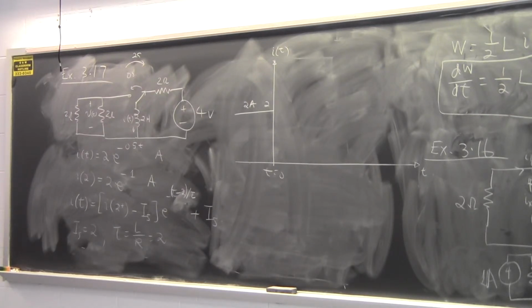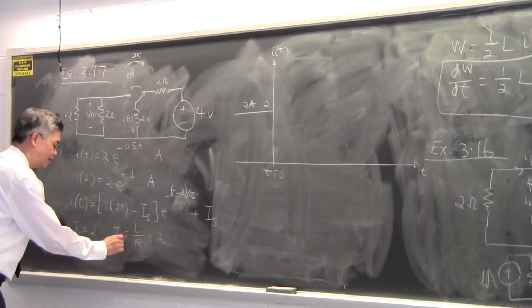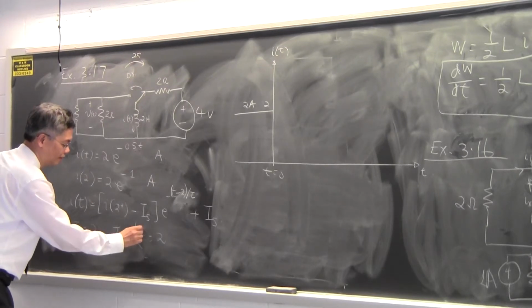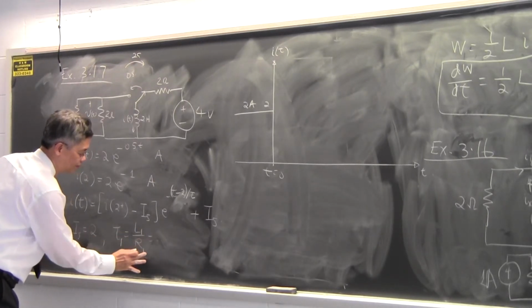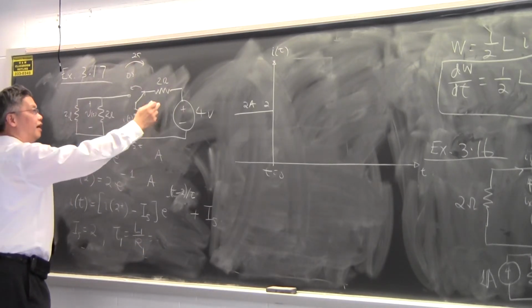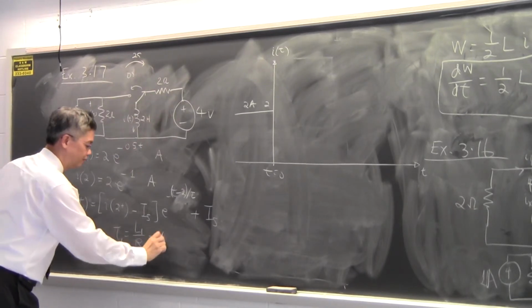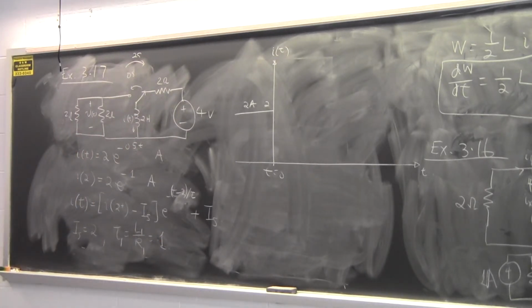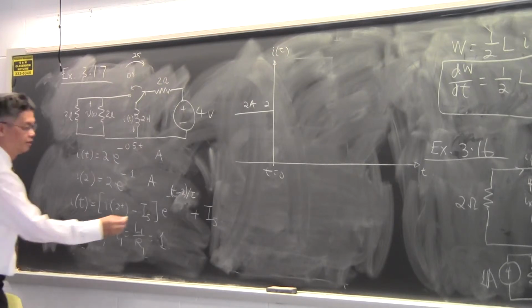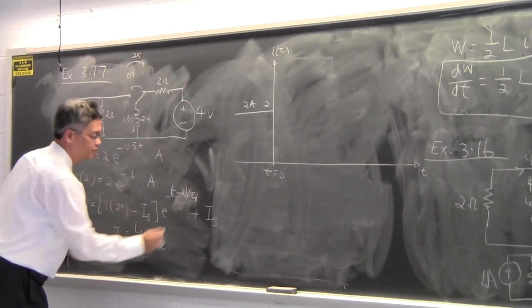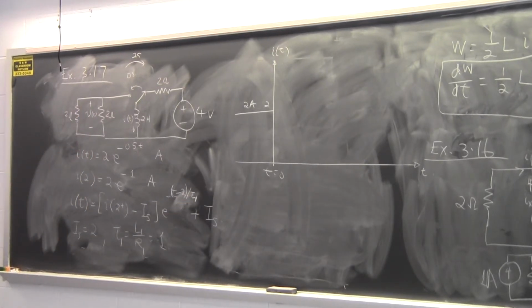You're correct. My time constant changes. So this should be tau 1 over R, and this L over R is equal to 1. Okay, you're correct. Thanks for pointing that out. So this goes to a new time constant, tau 1.